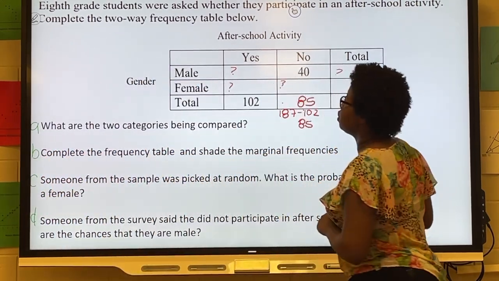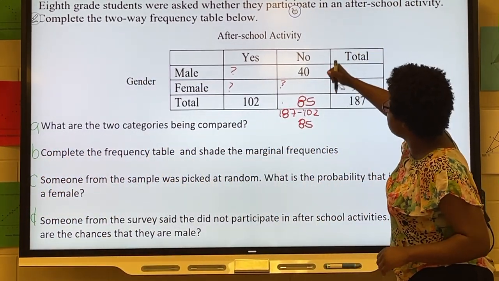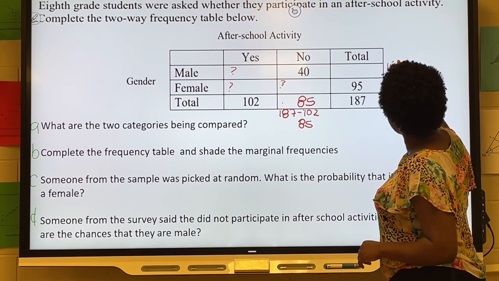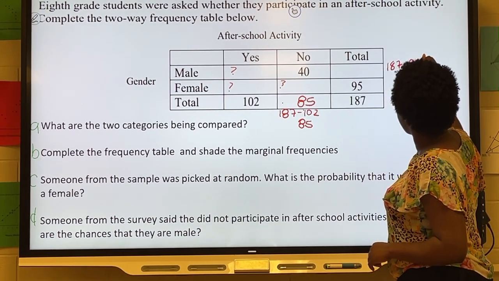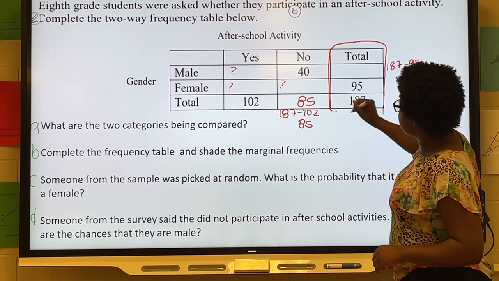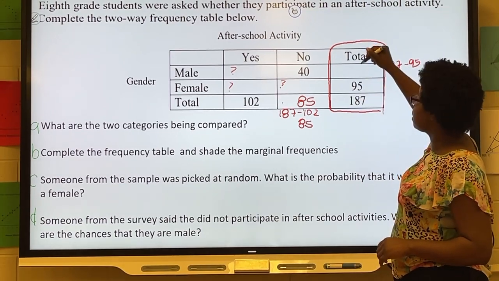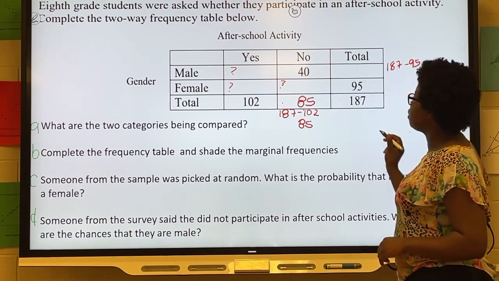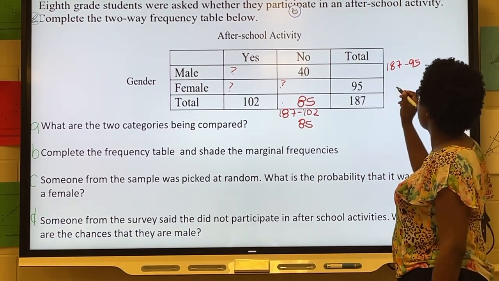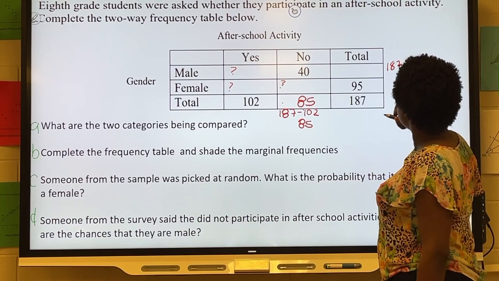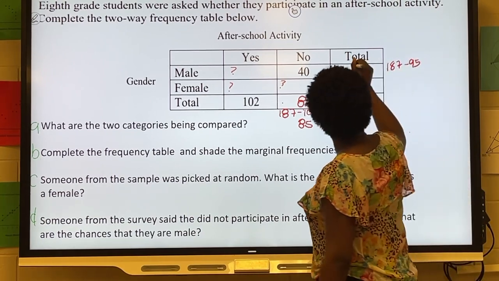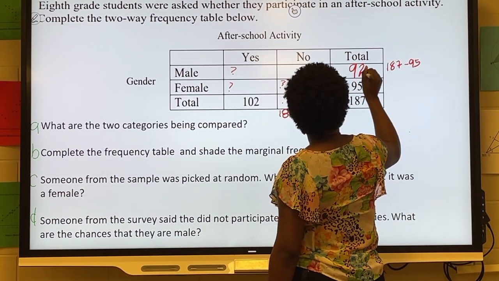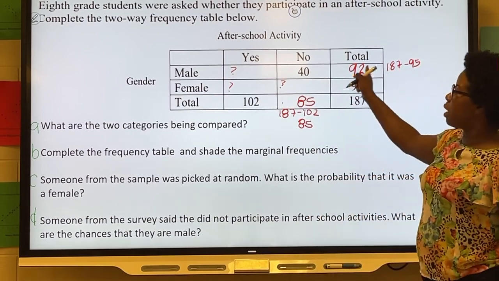If we want to know the total amount of males, right here we can say 187 minus 95, because this is one combination. Add this region plus this one to get your total. But since you have your total, you can basically subtract. So 187 minus 95 will give us 92.